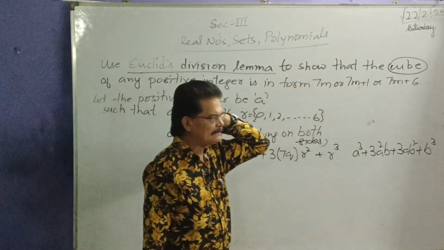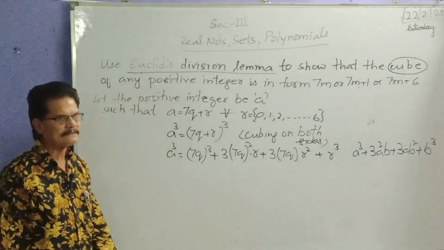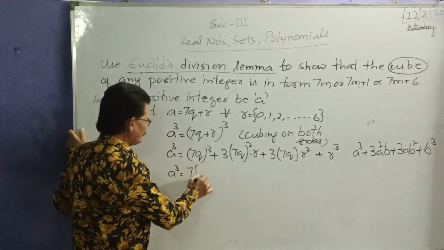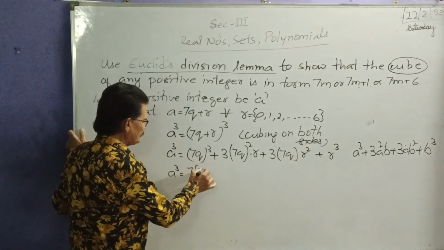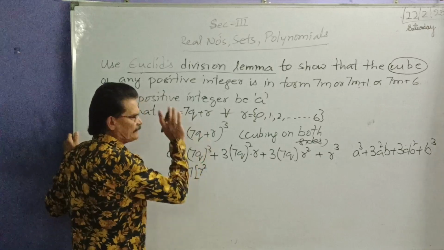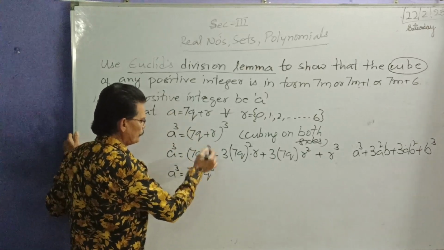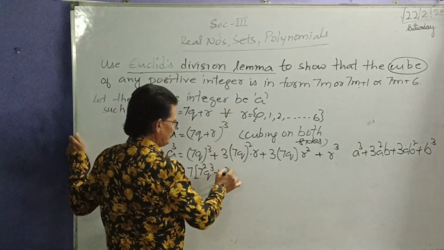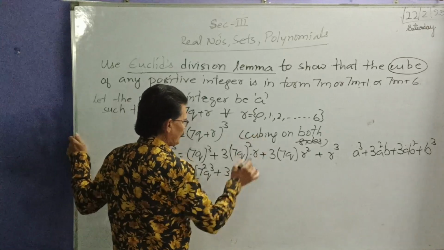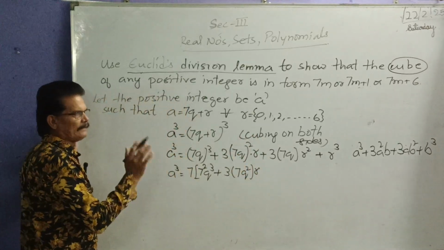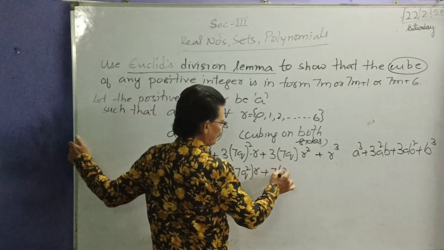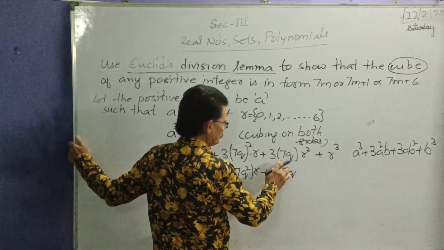So you have to take 7 common. From a cube, which is 7 cube, taking 7 common, 7 square remains. 7 into 7 square. Plus from here, taking 7 common, 3 remains, and a b square. 7 is taken common. Plus 7 common, 3 remains, b remains. Okay. 7 common.